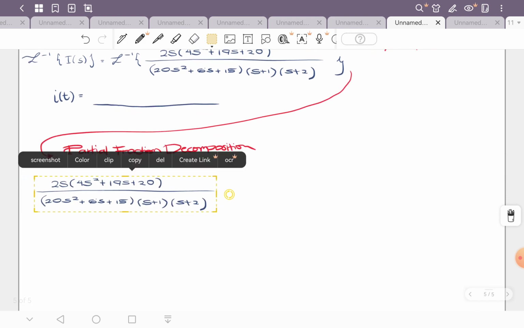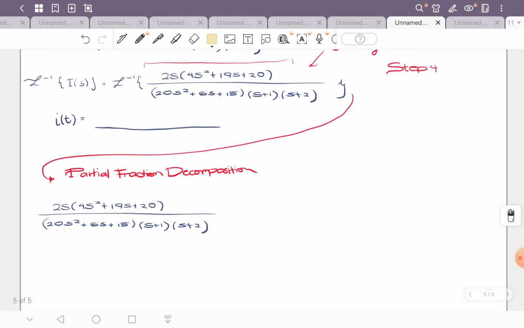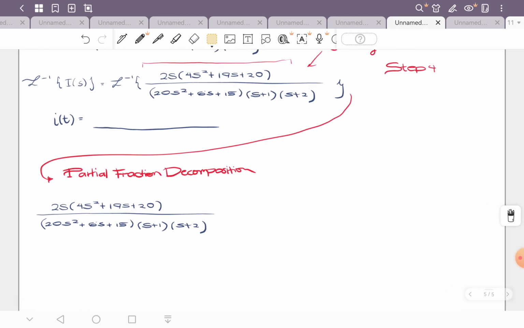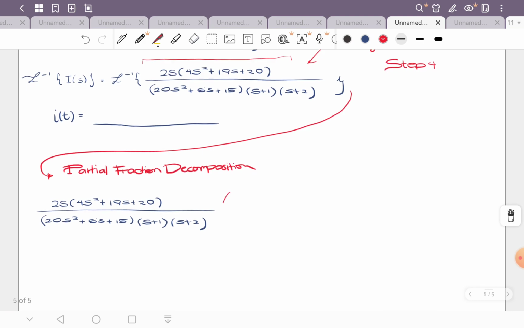Now, for our expression, take note, one requirement before applying partial fraction decomposition is that the denominator of the expression must be factored out. In our case, we have three factors: 20s squared plus 6s plus 15, times s plus 1, and s plus 2. Second, make sure that the most significant term has a coefficient of 1.